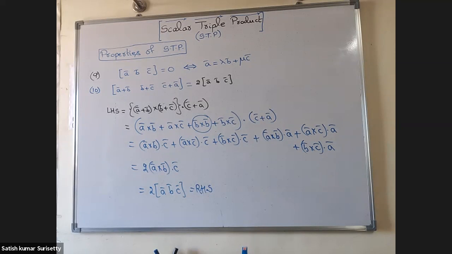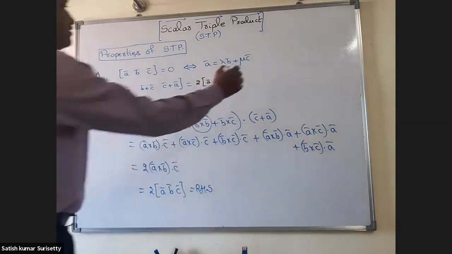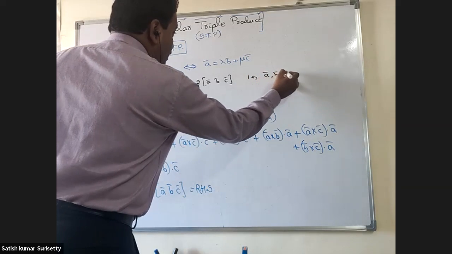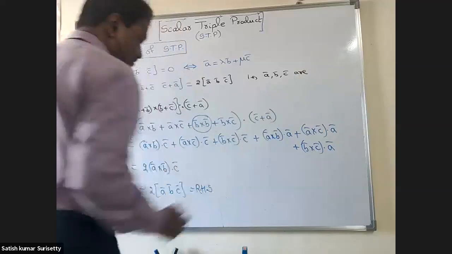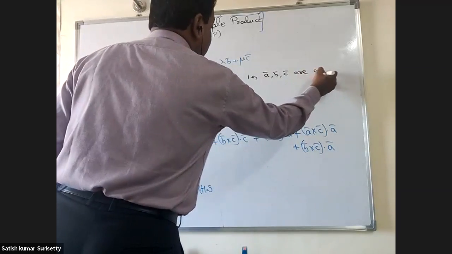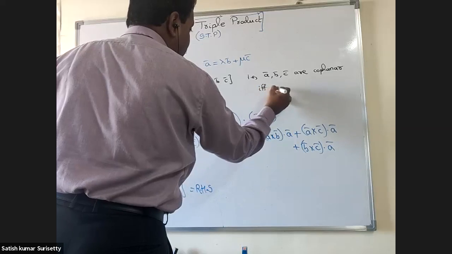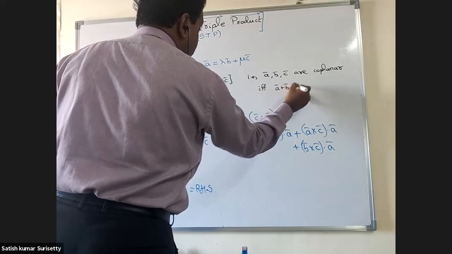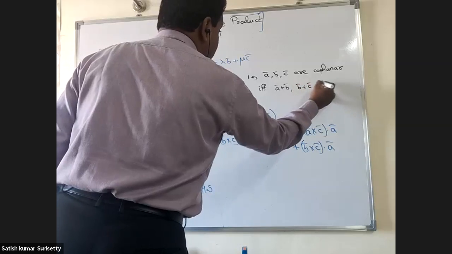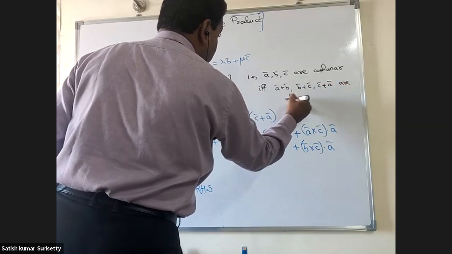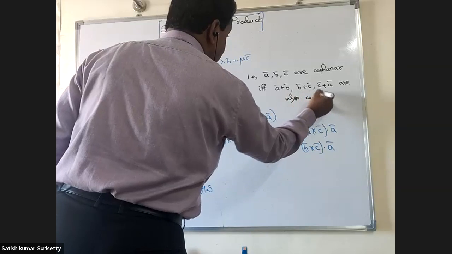Now, from this, you can have one more conclusion, that is A bar, B bar, C bar are coplanar if and only if A bar plus B bar, B bar plus C bar, C bar plus A bar are also coplanar.